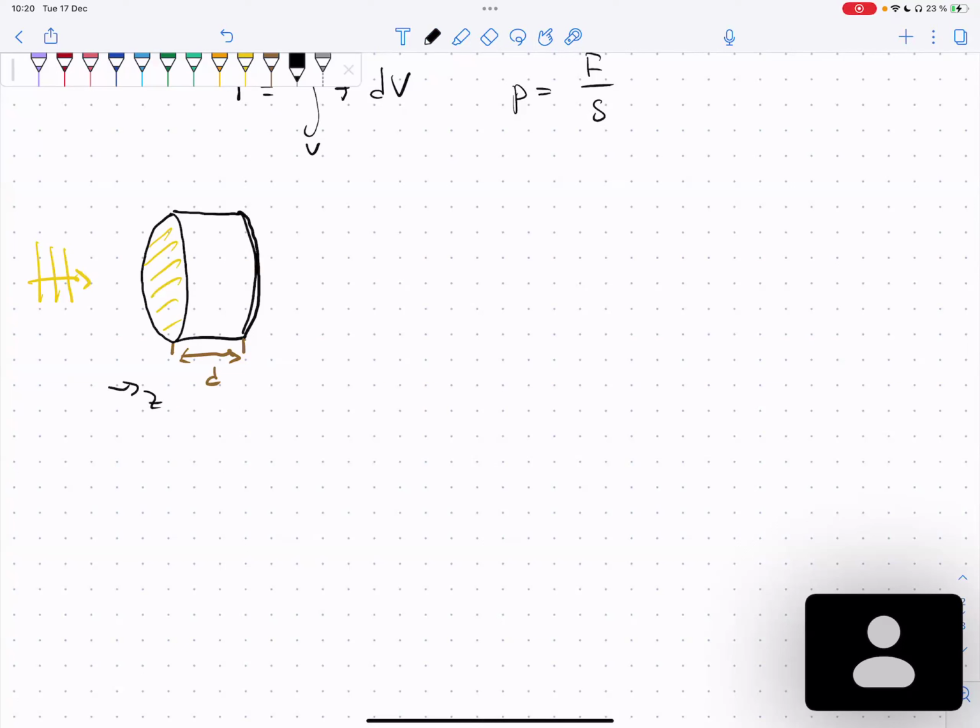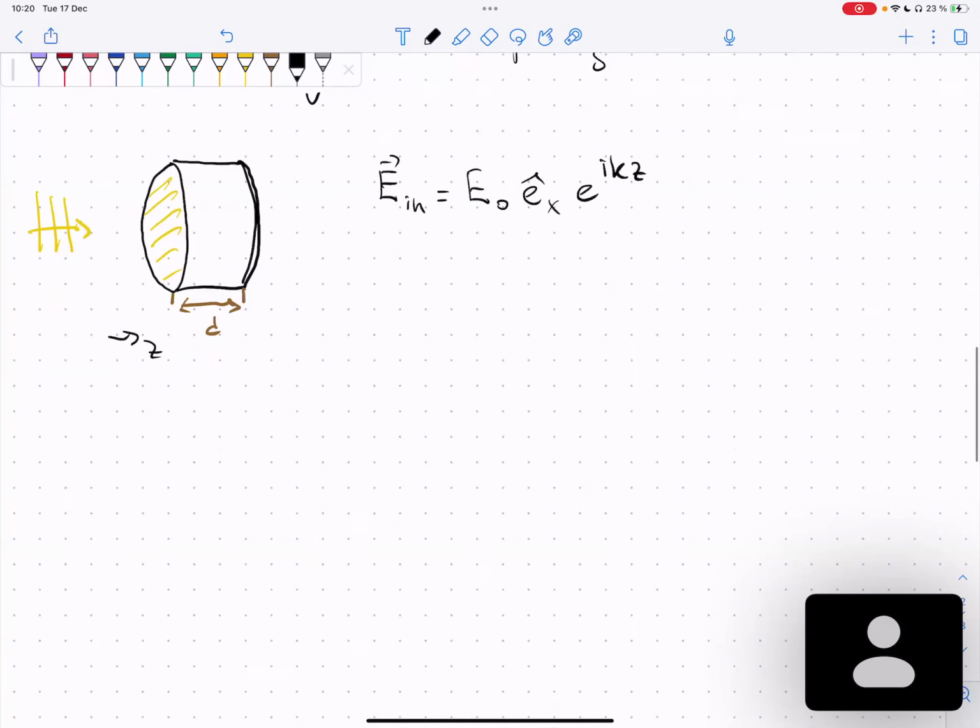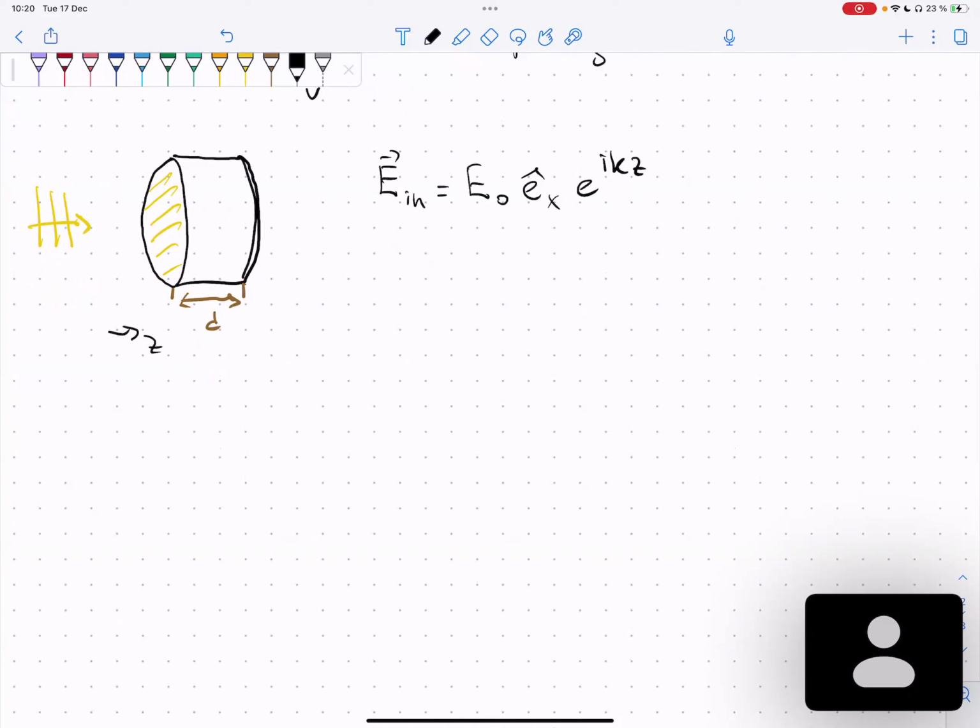So we can write the incident electric and magnetic field is E0, for example, Ex exponent ikz, and we also want to make another assumption that there is no reflection from the back plate, from the back part of this disk.